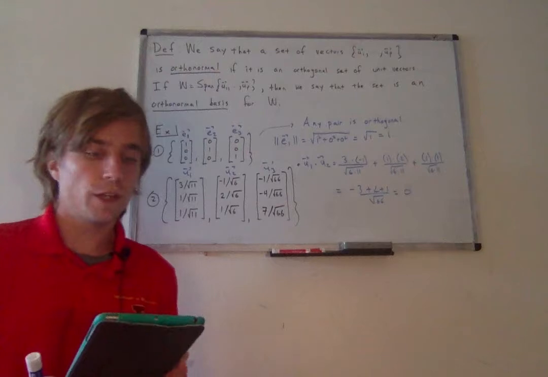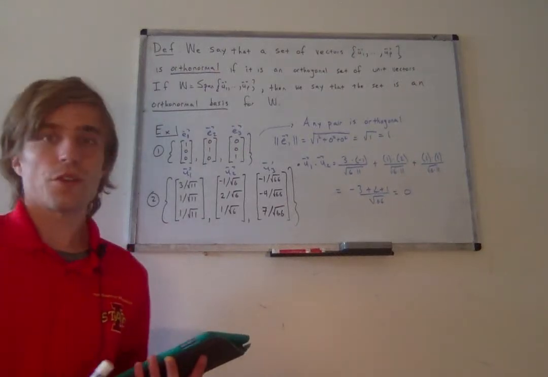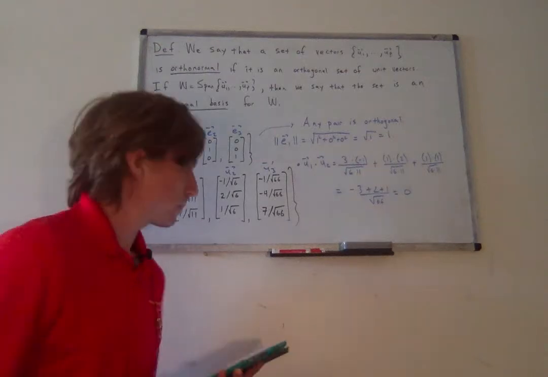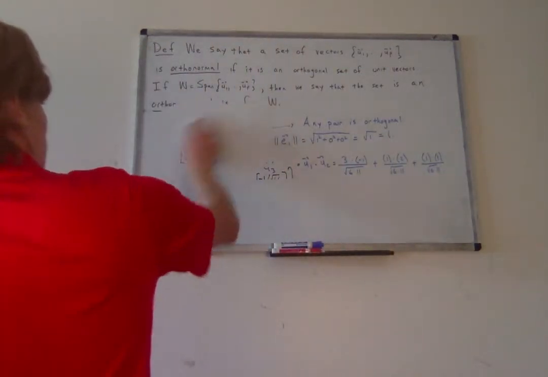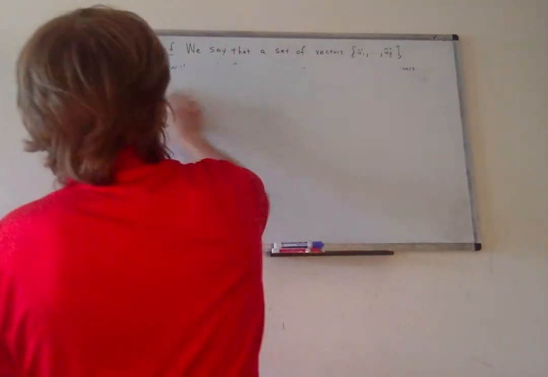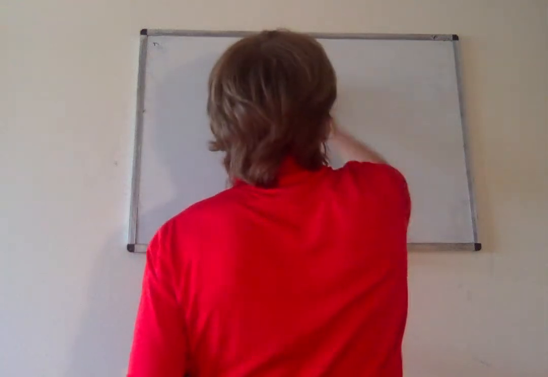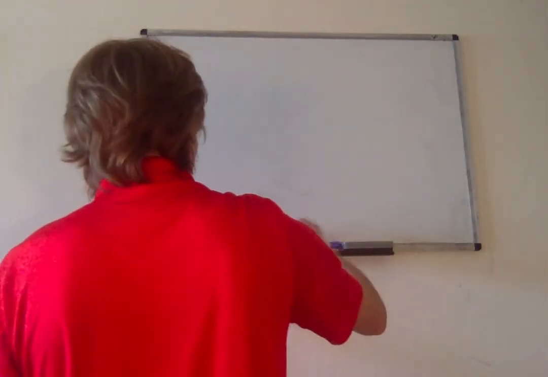And of course, we know that if we have 3 linearly independent vectors in R3, it's immediately a basis. So with all of that out of the way, let us get on to some facts that we actually can now learn about orthonormal bases and orthonormal sets of vectors.